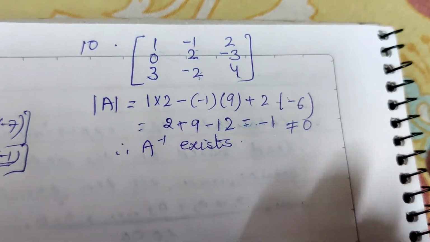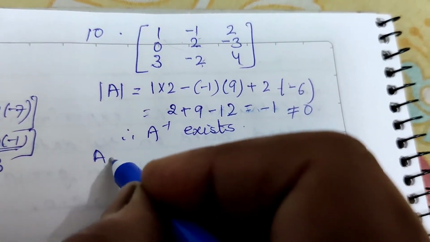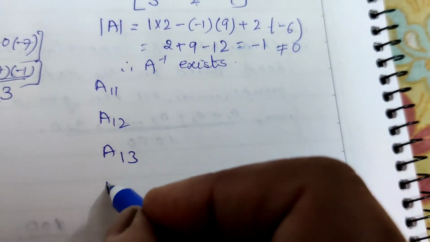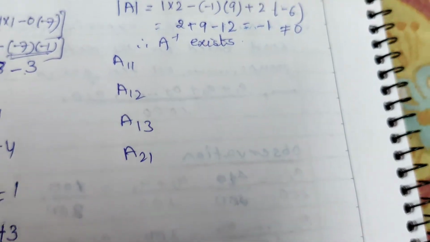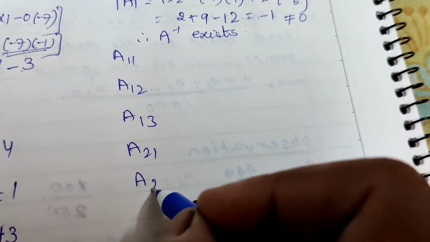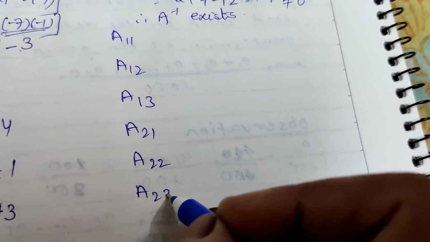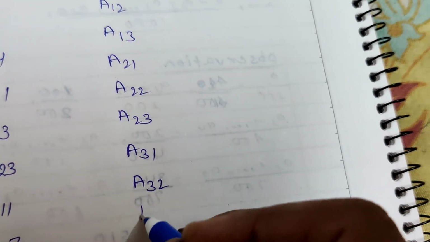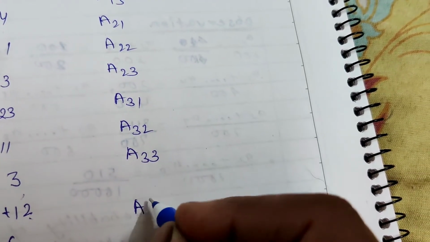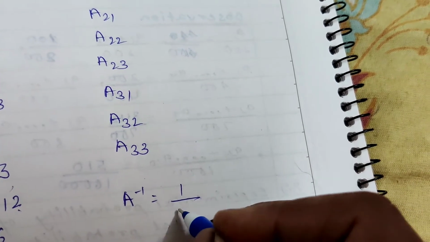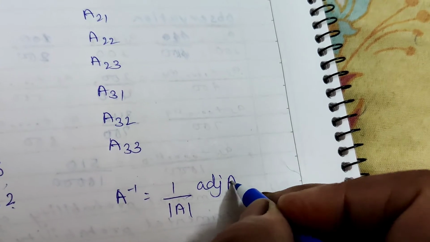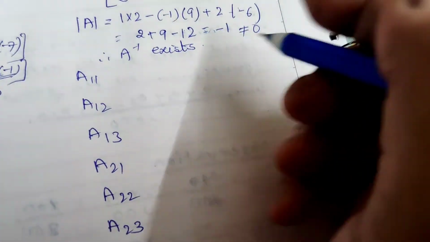And in the same manner, find A11, A12, A13, A21, A22, A23, then A31, A32 and A33. And now write A inverse equal to 1 upon determinant A of the adjoint of A. Okay, this is the process.